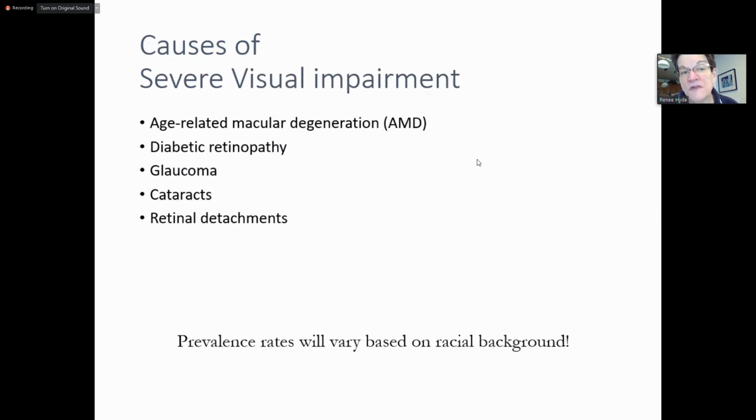So what are some of those causes? What we're going to talk about are age-related macular degeneration, diabetic retinopathy, glaucoma, cataracts, and retinal detachments. One of the things that I'll tell you is that prevalence rates will vary based on racial background.